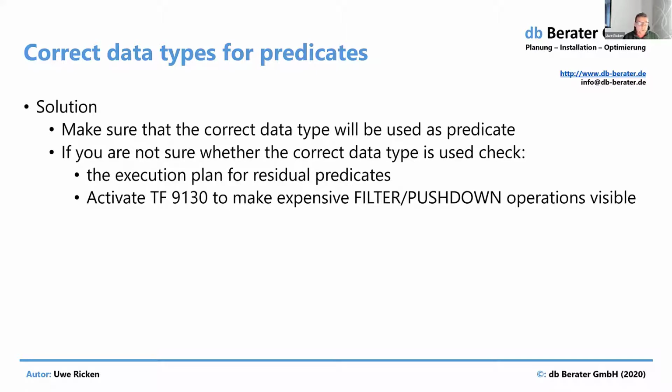Or what you can do, but only do that in your development environment, only for testing, activate trace flag 9130, and then you can see the expensive filter or push-down operations in your execution plan. And that is a brilliant way to investigate these issues. So we had a very good working index. SQL Server was not able to use it, just because of this tiny little problem. Solved. Money earned. We go to the next one.